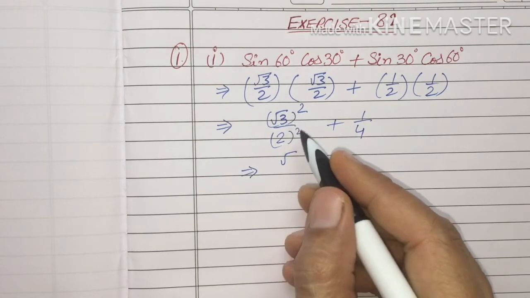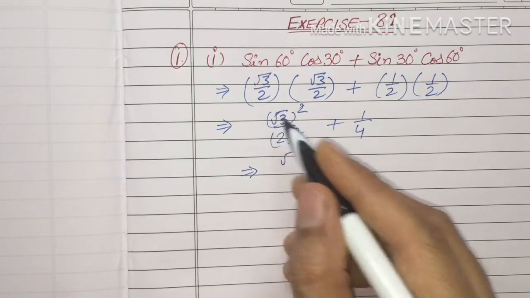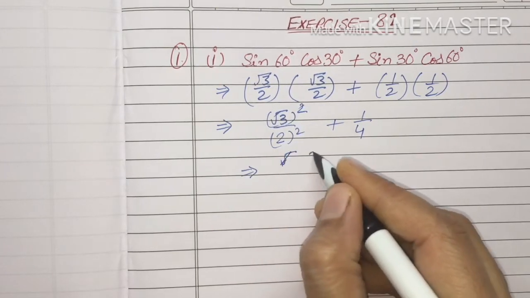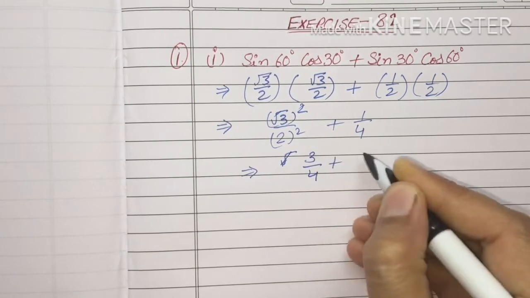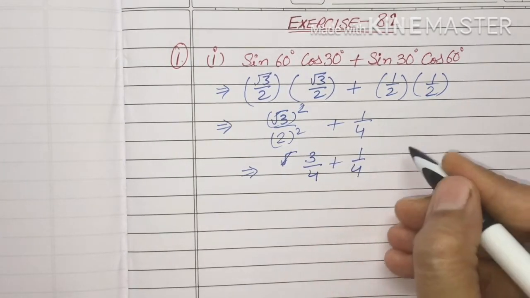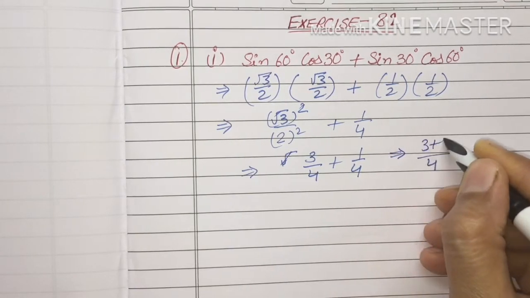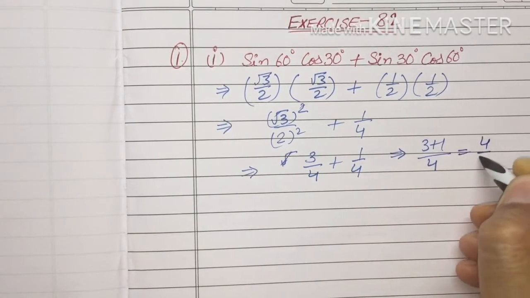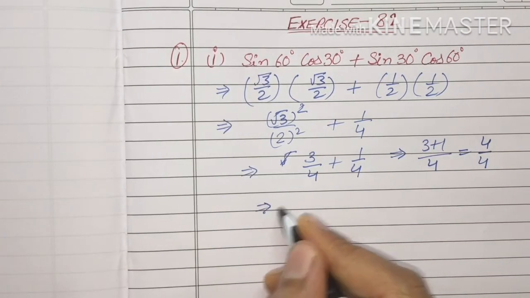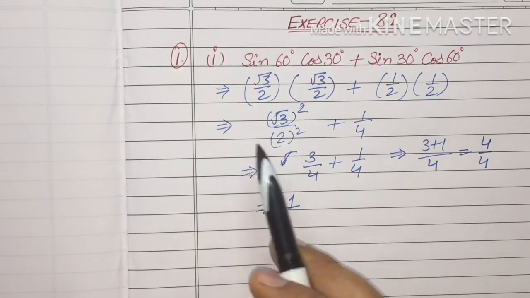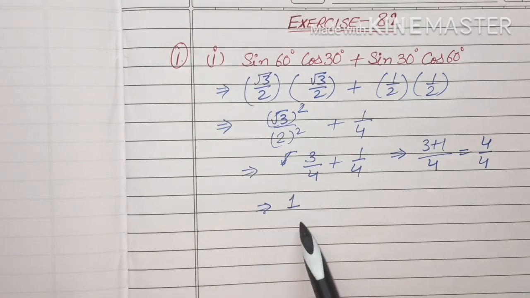Root 3 square means we can cancel the root from the square, so it will be 3 upon 4 plus 1 upon 4. We can add 3 plus 1, it will be 4 upon 4, and the answer will come 1. So answer for first part is 1.